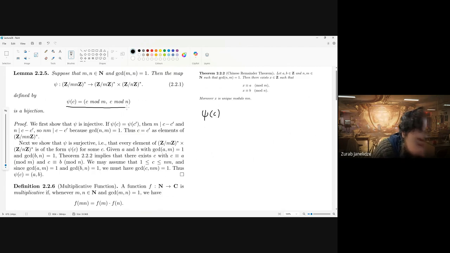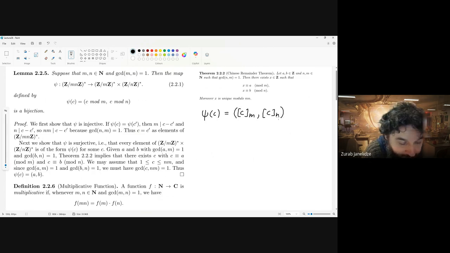By the definition, as you can see here, psi of c is the ordered pair c modulo m, and let me write it this way, because this notation now refers to the equivalence class of c under the congruence modulo m. And here we have congruence modulo n, which is another way to write what we intended to put here. So that's what psi of c is.